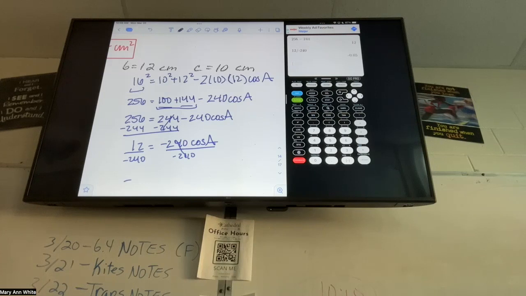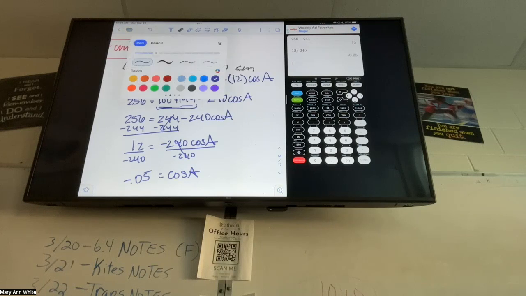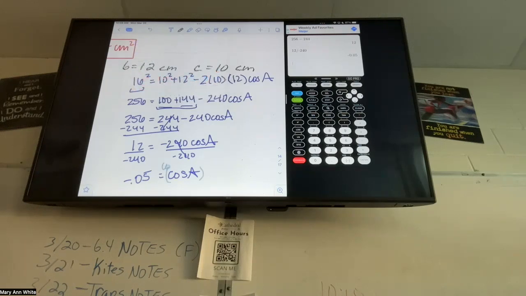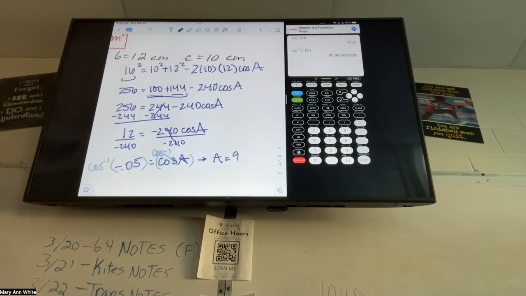And I get negative 0.05 equals cosine A. And then now is where I do my second cosine on both sides. Second cos of negative 0.05, and I get angle A is 92.9 degrees.